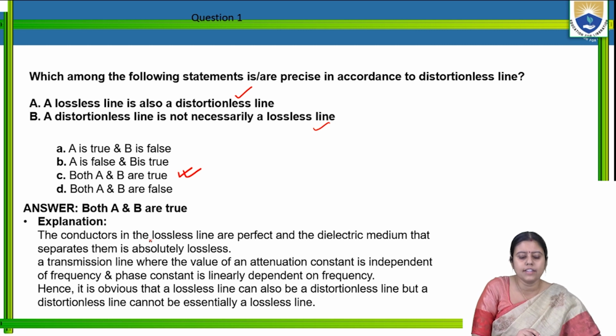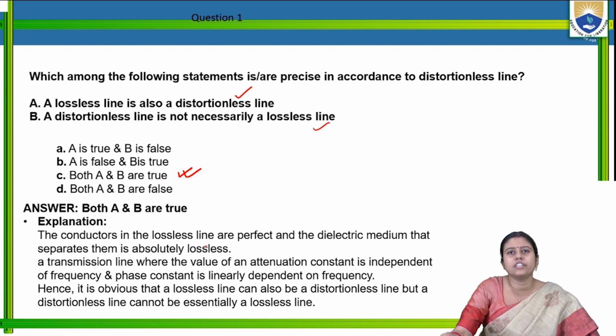The conductors in the lossless line are perfect and the dielectric medium that separates them is absolutely lossless. Though this condition is not practically possible, it defines the lossless line.